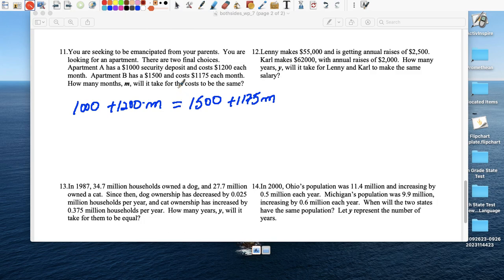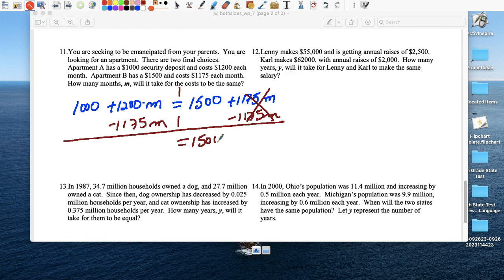Well, smaller coefficient between 1,200 and 1,175. It's 1,175. So I'm going to subtract that here. These two go away. 1,500 comes down. This becomes 1,000, and then plus 25m. So let's work on isolating m. Minus 1,000, minus 1,000.